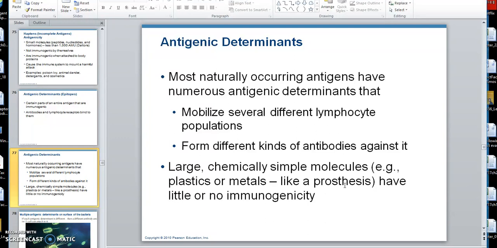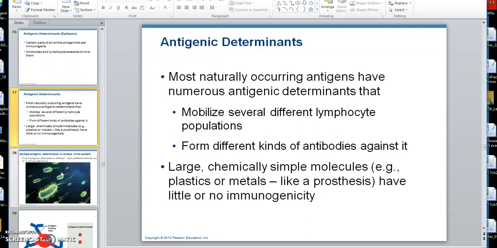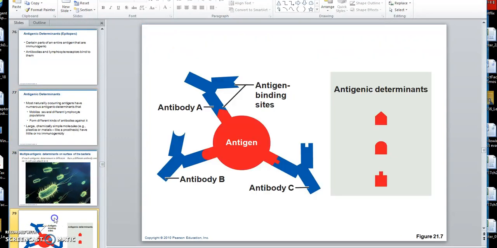Now, mind you, if we put a prosthesis in, it will cause inflammation, but it won't activate that third line unless something has fallen on it that you've already reacted to, like a hapten or something. Okay? So here's an antigen, and see these antigenic determinants: the more diverse, the more likelihood you would have something to recognize some of these. The more uniform, the more likelihood you won't in that third line.